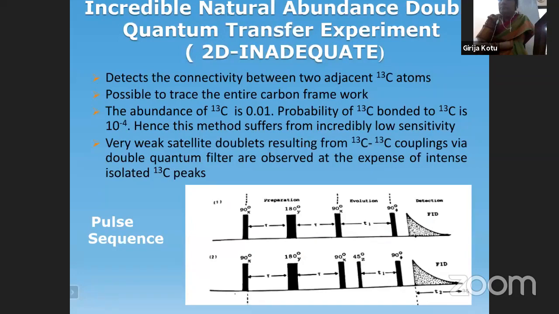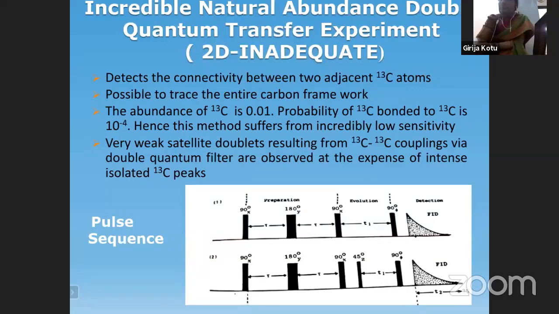C13 is the magnetic isotope, for which we can record the NMR, and that is very less abundant with reference to C12, that is 1 in 100 molecules. So if you take 100 molecules of methane, only 1 in 100 molecules of methane will be present as C13. The rest, 99 molecules, will be present as C12.